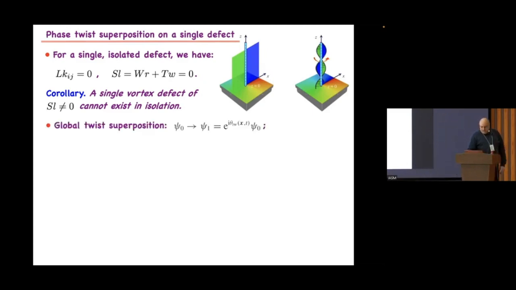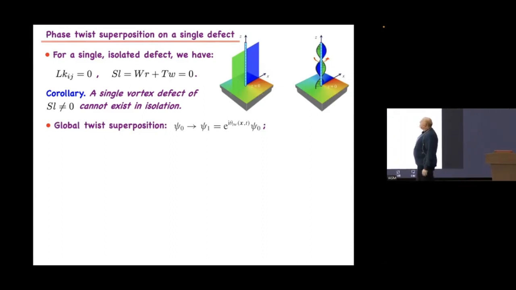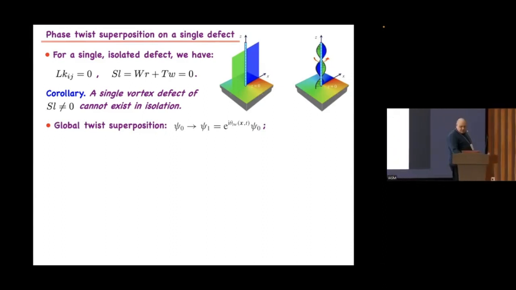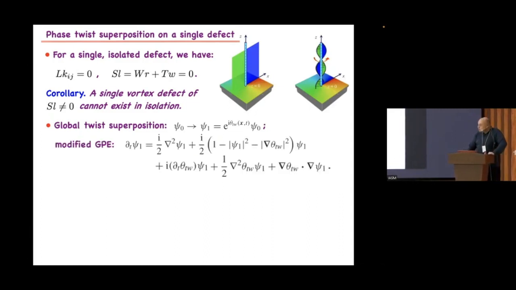And when you do this, you have to modify the wave function, and you just add this theta twist phase to the background psi 0, and you get a modified Gross-Pitaevskii equation. It is still a Gross-Pitaevskii equation. Don't you worry, it's still a nonlinear Schrödinger equation, and there is a little bit of complication due to these contributions.